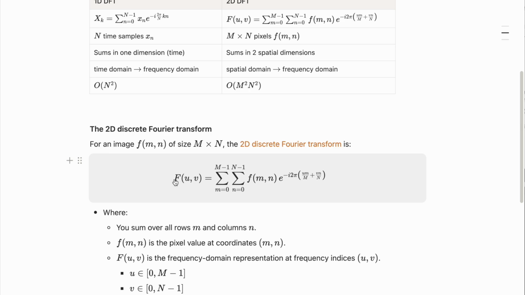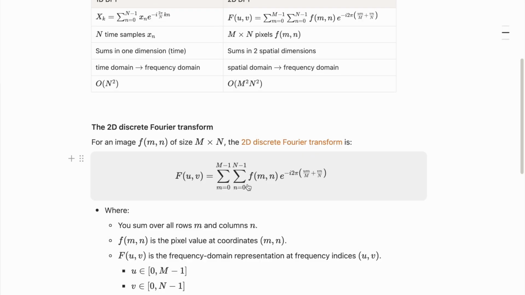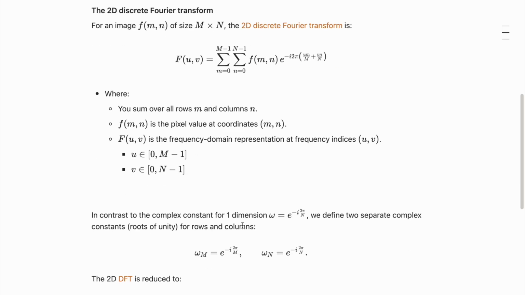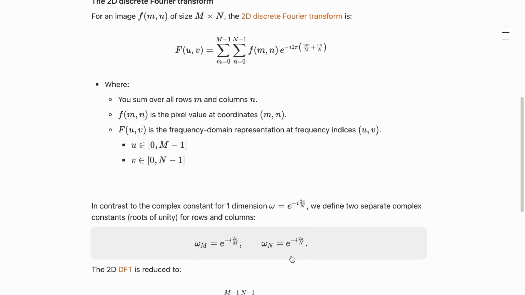Now, because before we just had one index k, and now we have two indexes u and v, we can't just have one omega to simplify this formula. So if we want to streamline this formula, we need to define two omegas, one across all the rows, omega sub m, and one for all the columns, omega sub n. And you can see that their structure is extremely similar to the omega in one dimension.